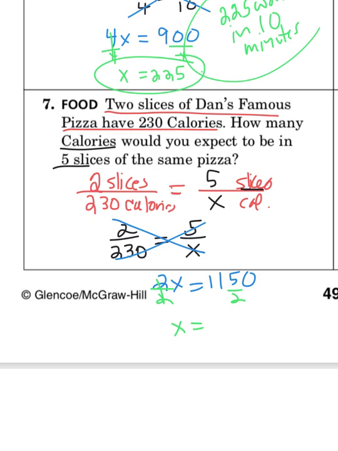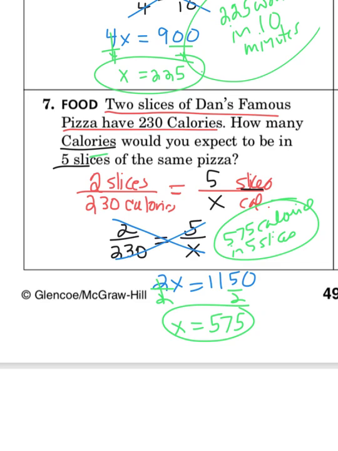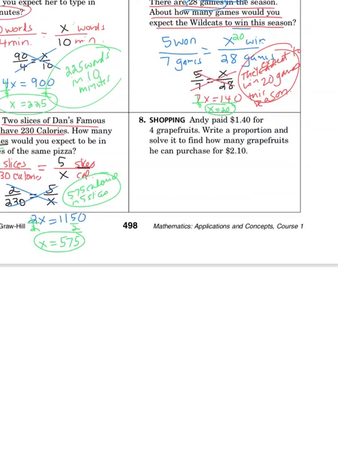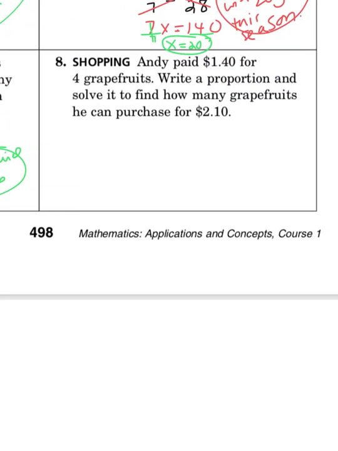X equals 575. 575 what? How many calories would you expect to be in 5 slices? So 575 calories in 5 slices of pizza. So eat right there. Last problem.